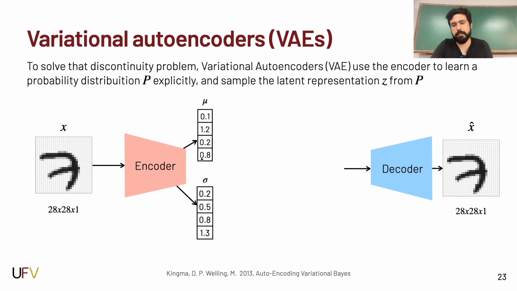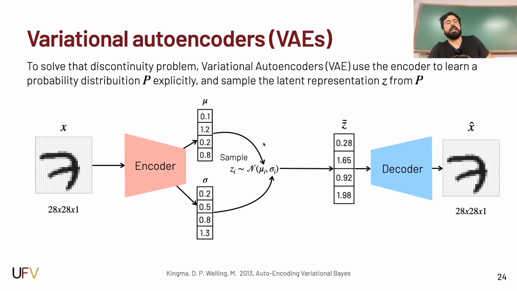Then what I'm going to do is sample a Z vector out of this distribution. Let's keep track of some things. The size of these vectors is a hyperparameter. I'm using 4 here.